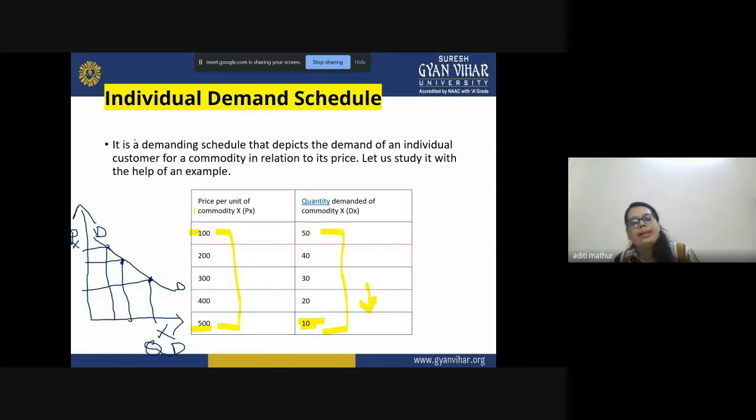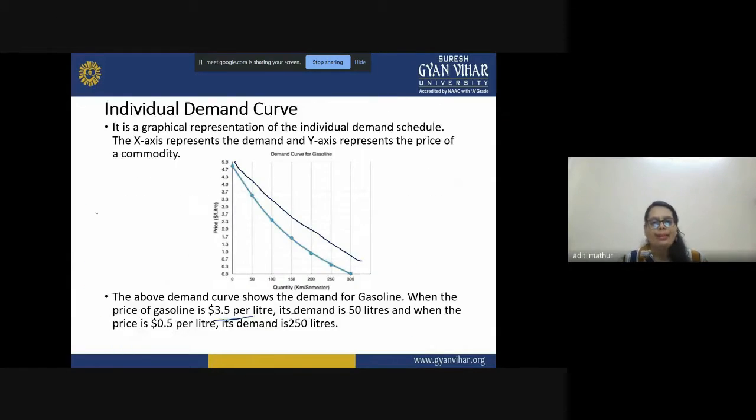And when that table is used to plot the quantities demanded at different price levels by an individual customer on a graph, and you join those points and draw a curve, that curve is known as your individual demand curve, right?